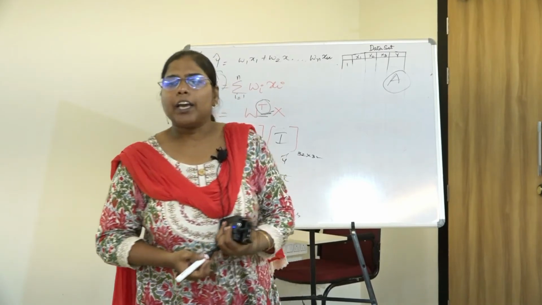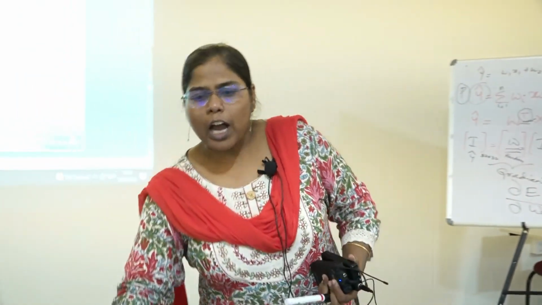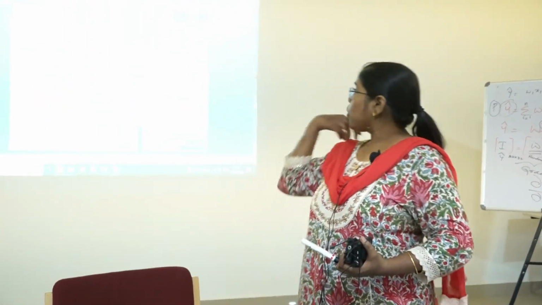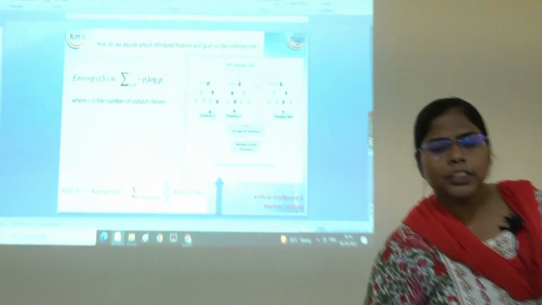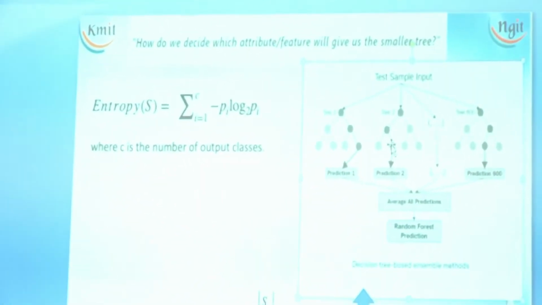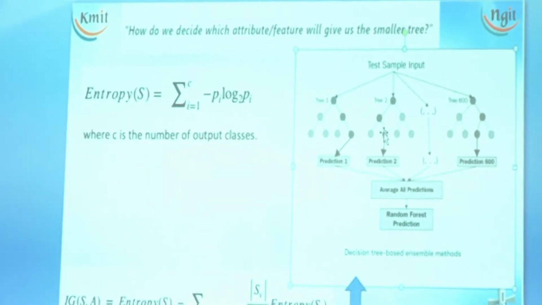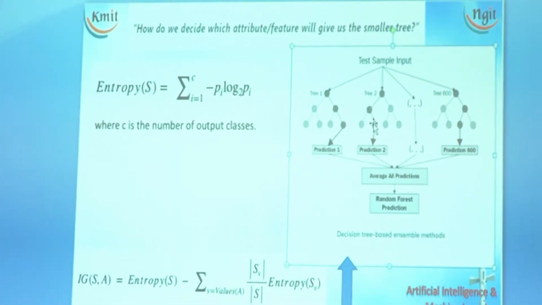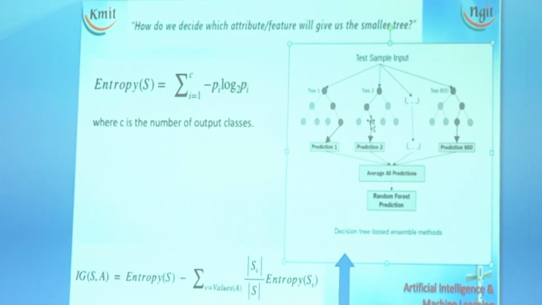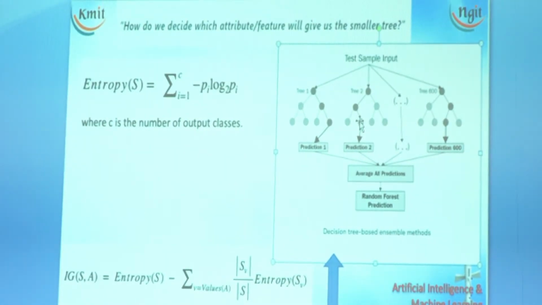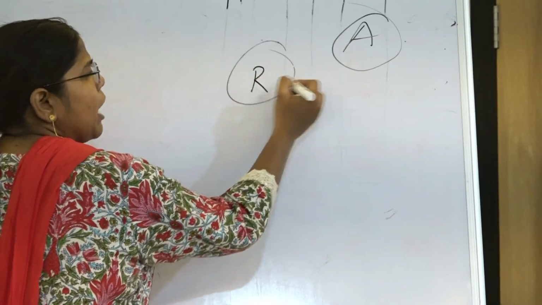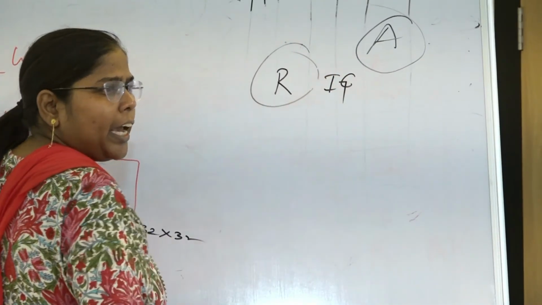Okay. Now, coming to this, we know the decision tree. How many know the decision tree? What is a decision tree? Always we select a root node where we have information gain.